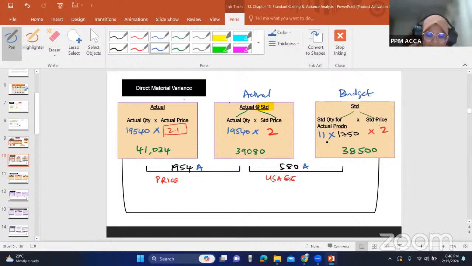I'll get that figure. 19,250. Okay, I'm just writing it here. 19,250. 11 into 1,750. So I'm saying according to my budget, I should spend 19,250 liters for this production of 1,750 units. But see, I have actually spent more liters, 19,540. Bad thing. That's why this usage is also adverse.